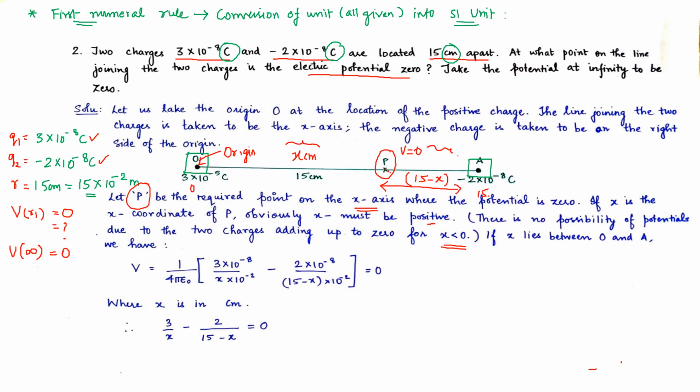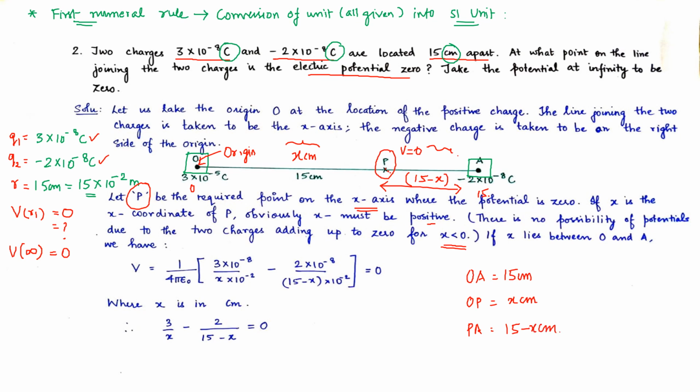The whole distance OA is 15 centimeter, from O to P the distance is x centimeter, and from P to A the distance is 15 minus x centimeter.